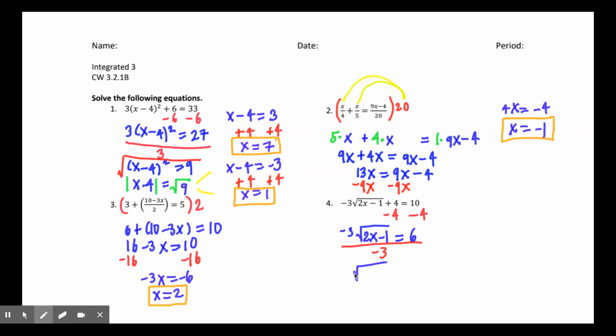And you get the square root of 2x minus 1 equals negative 2. And you'll realize that you have a square root equaling a negative number, which is not possible. So, no real answer.